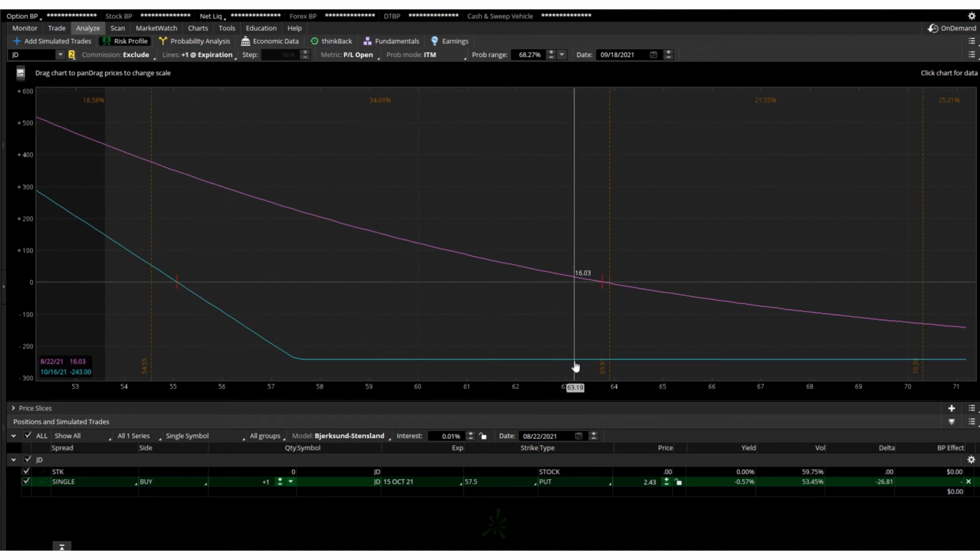So of course, if price continues to the left, price is dropping, so it will be profitable in a sense. If price was going to the right, price is increasing. The yellow hash lines that you're seeing here, the center one is the current stock price, and the ones on either side represent a 10% move in the underlying security.